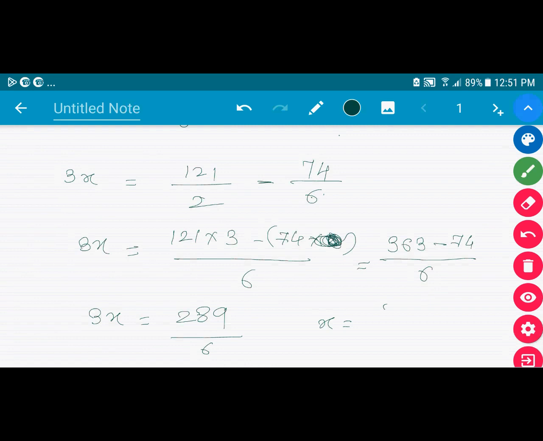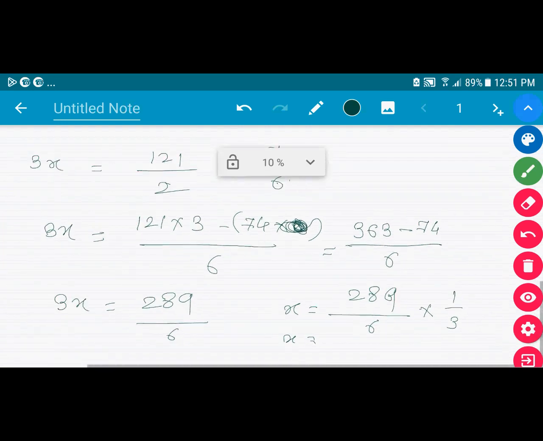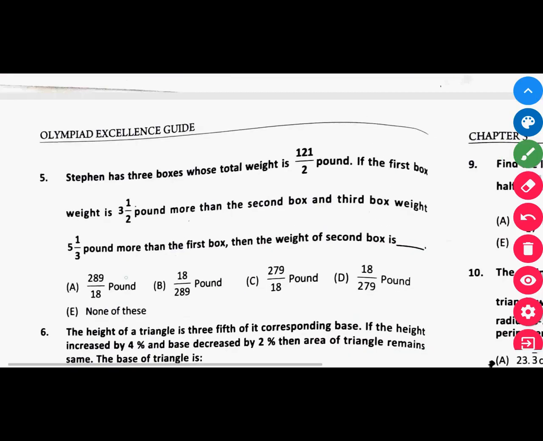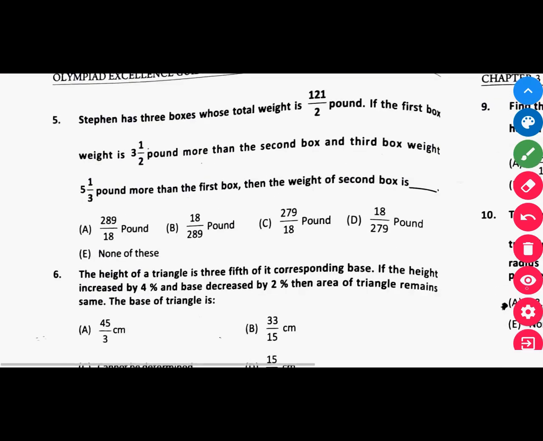Now x is equal to 289 upon 6 divided by 3, which means multiplied by 1 by 3. We cannot divide 289 by 3, so x is equal to 289 upon 18. So our answer is 289 upon 18, which is option A.